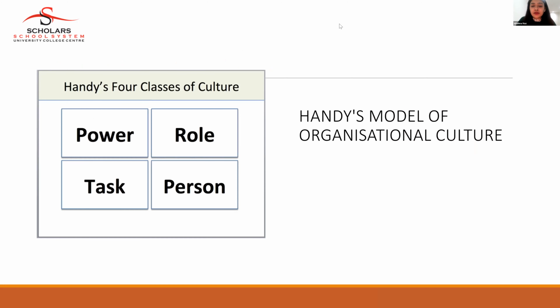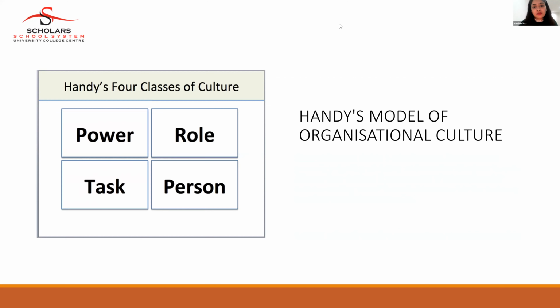Now we will look into the different organizational cultures that promote flexible working opportunities. So we will first look into Handy's model of organizational culture. Handy's model talks about 4 different kinds of culture that are effective within an organization.